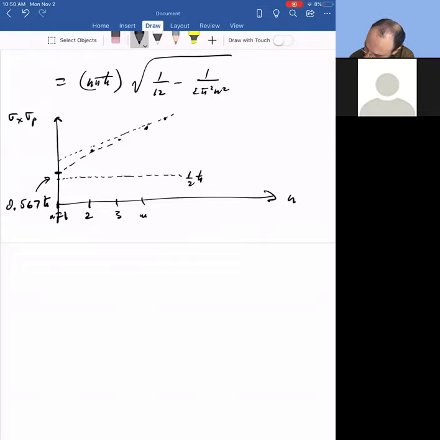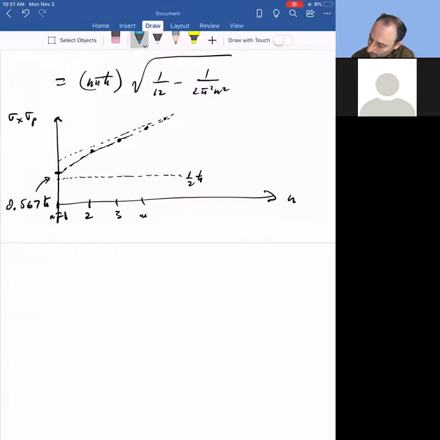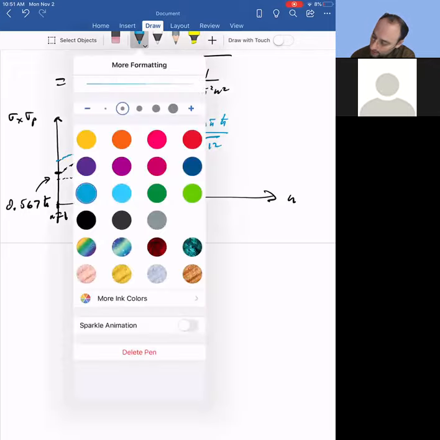But you can kind of treat n as if it was non-integer, and you would get some kind of curve that very quickly asymptotes to this straight line. And the straight line is n pi h bar over root 12. Okay? So that's the analysis.